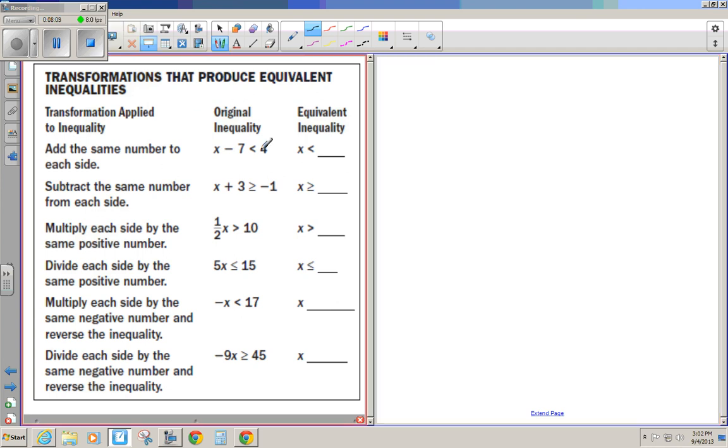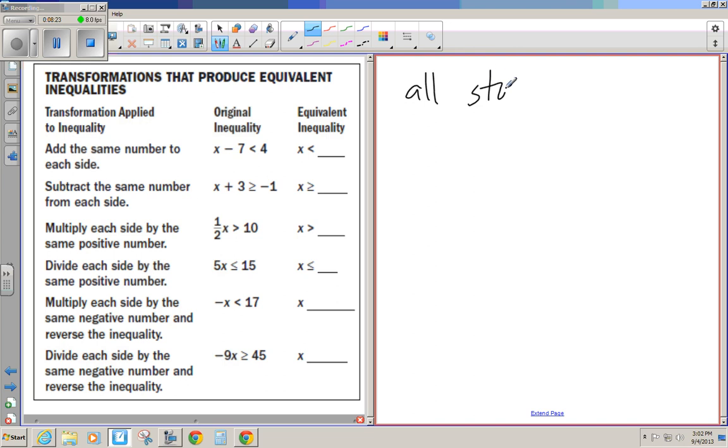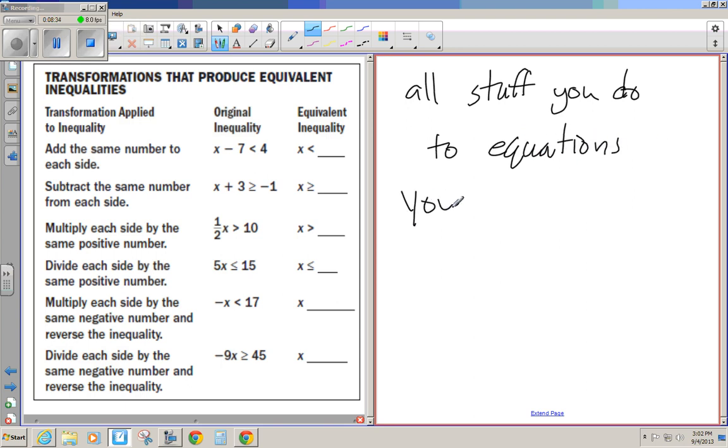For this, add the same number to each side. What that means, basically, is whatever you do to equations, you do to inequalities.